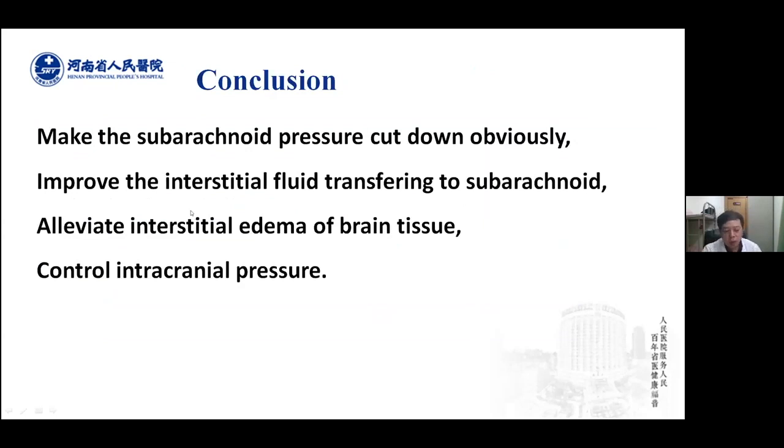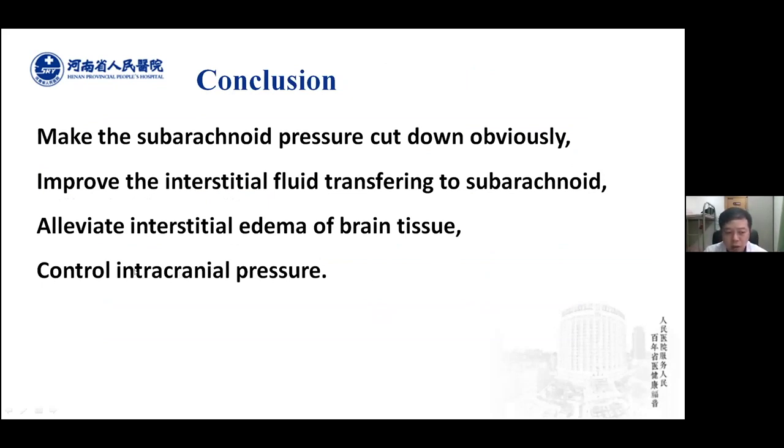So we have primarily the conclusions: it makes the subdural and subarachnoid pressures cut down observably, improves the interstitial edema, and the fluid transfers to the subarachnoid space.